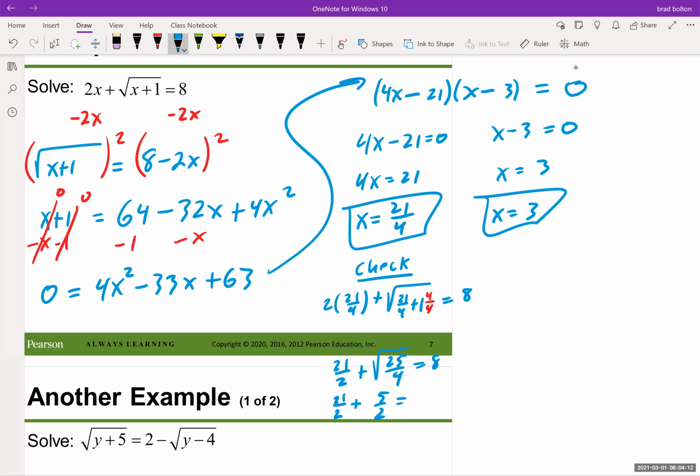So we end up with 26 over 2, which is 13. So 13 equals 8. This is not true. So our 21 over 4 is actually an extraneous solution.